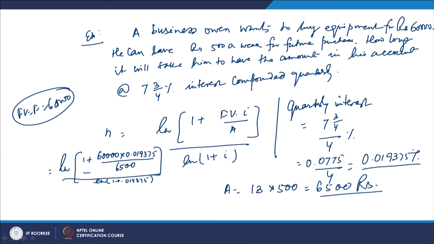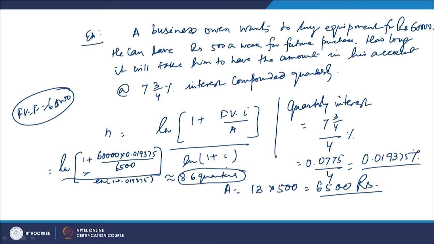So this way you can calculate these values, and if you calculate them, you will get something close to 8.6 quarters. So in 8.6 quarters basically that person will be able to get this much.